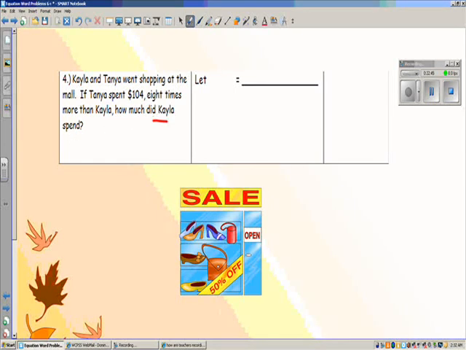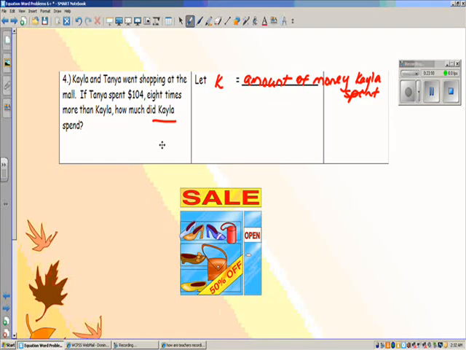So I'm going to use K to represent the amount of money Kayla spent. Again, you can use any variable you like, but I'm going to use a K so I can keep up with who I'm talking about here.